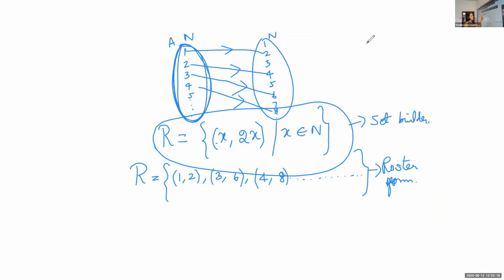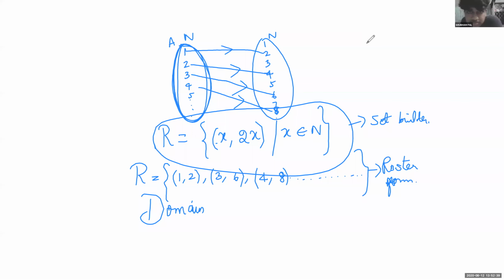Now 1 is mapped onto 2, 2 is related to 4, 3 is related to 6, 4 is related to 8. So in this relation, the first element in the ordered pair forms the domain. What is domain?